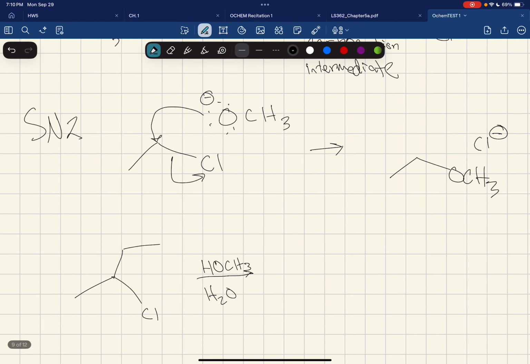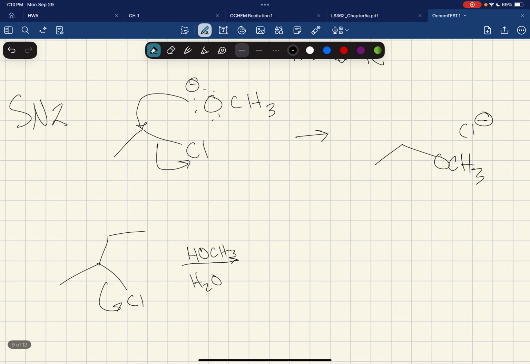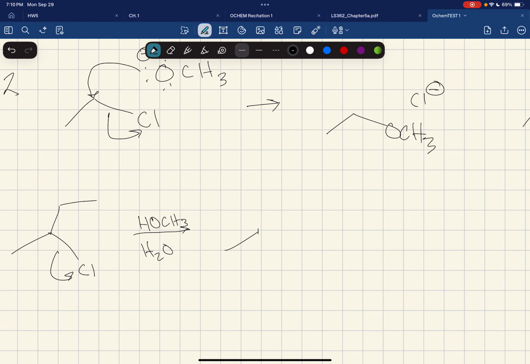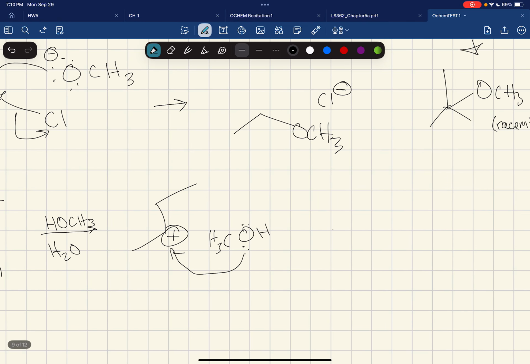And you already know the mechanism for that. You can draw it out, where it forms this carbocation. That's a little janky. The nucleophile comes in, attacks it, forms a racemic mixture.